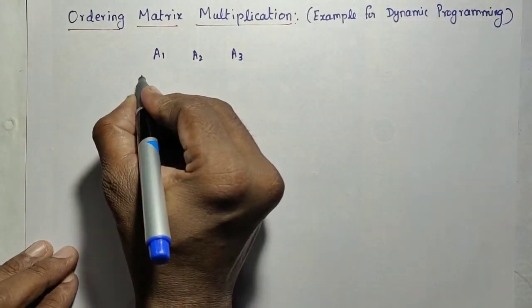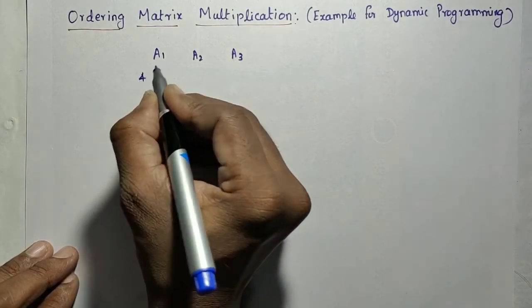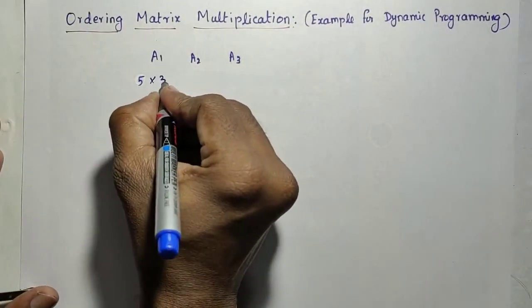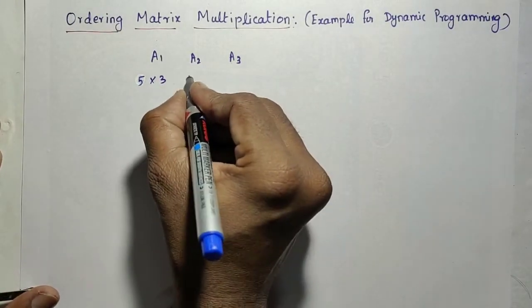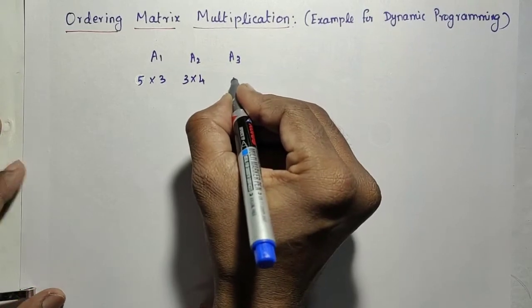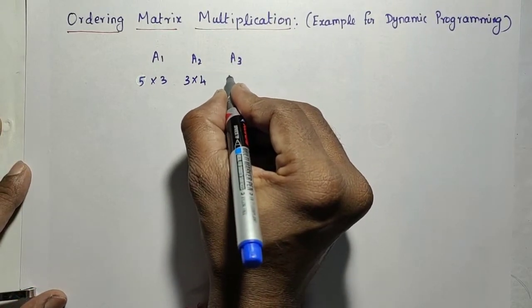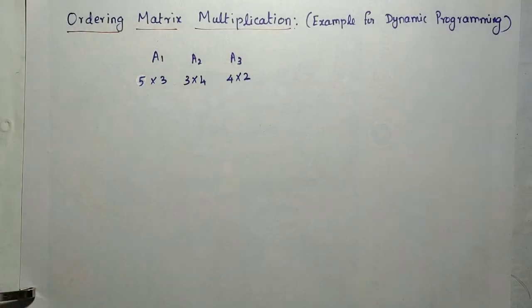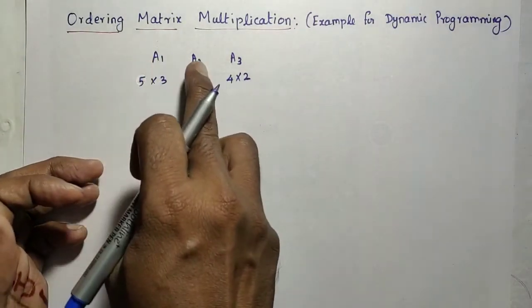Suppose the dimension of the first is 5 by 3, the second matrix dimension is 3 by 4, and the third matrix dimension is 4 by 2. I want to multiply this sequence of matrices in the same order, A1, A2, A3.